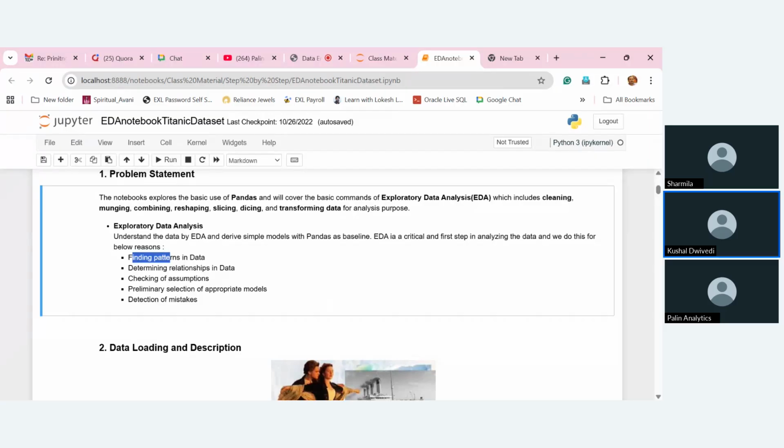What are assumptions now? An assumption is something which is expected to be followed with the data, and there is no definite list that these assumptions should follow. It varies based on the industry you are working in. For example, if you are working in the food industry, you need to know how this industry works.